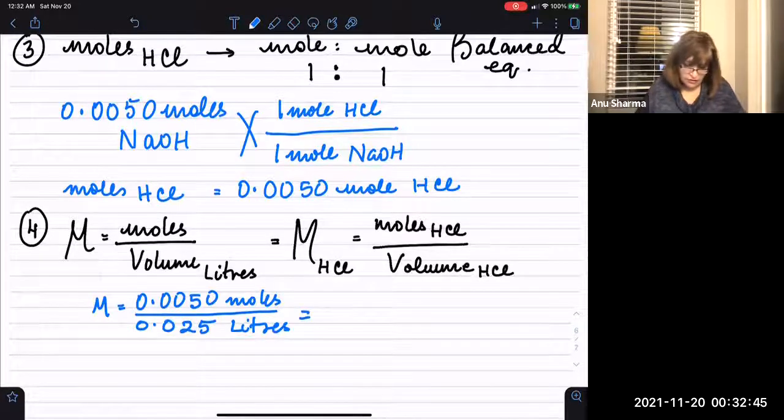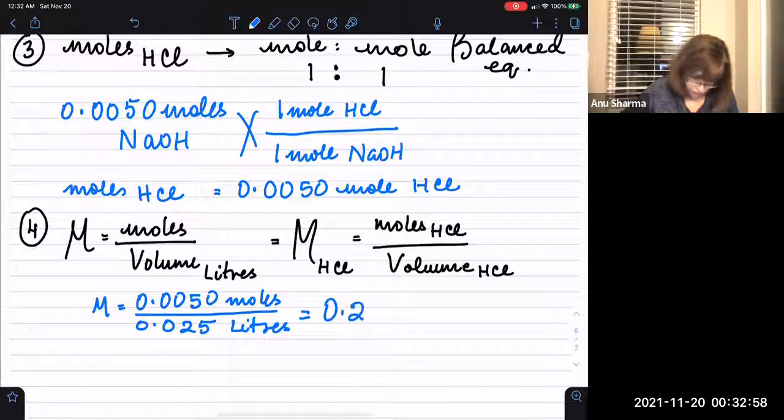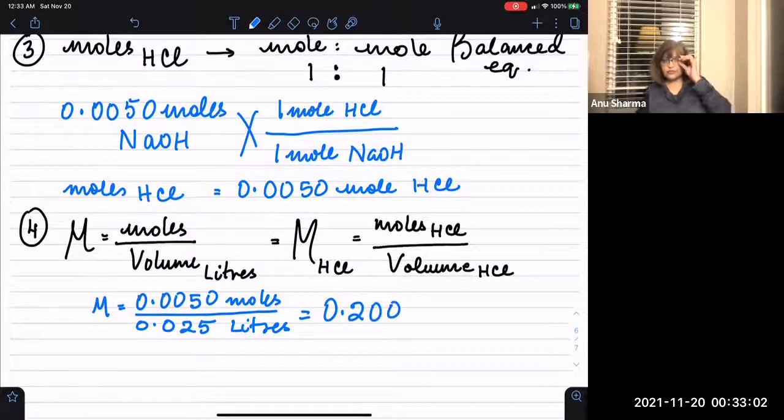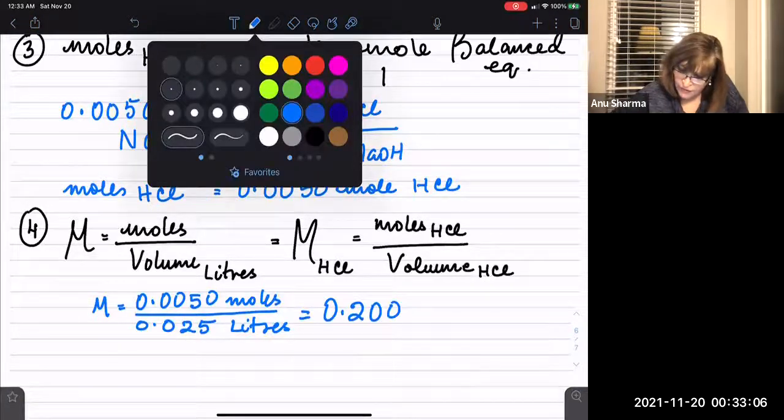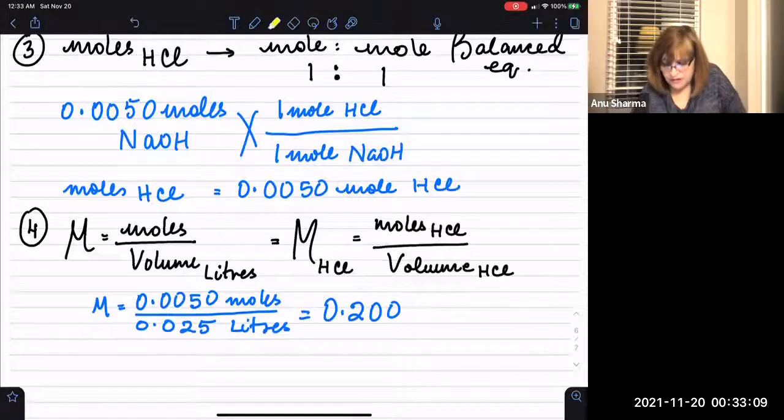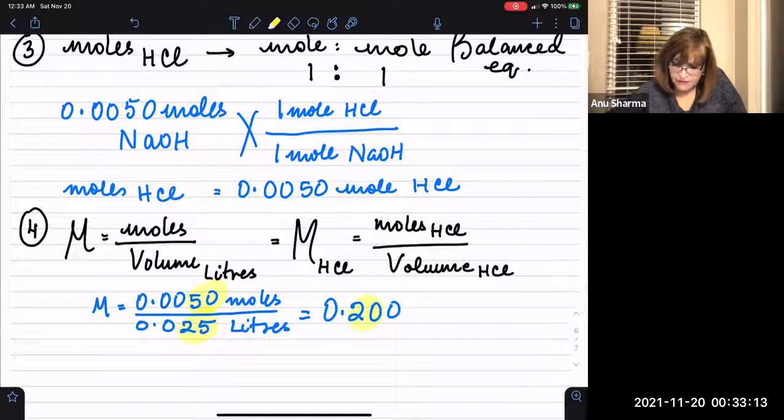0.0050 divided by 0.025 gives you 0.20002. So just 0.200, or if you look at the significant figures, there are 2 significant figures here too, so it suffices to keep it at 2.